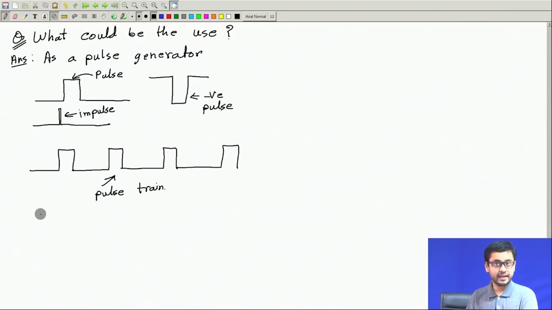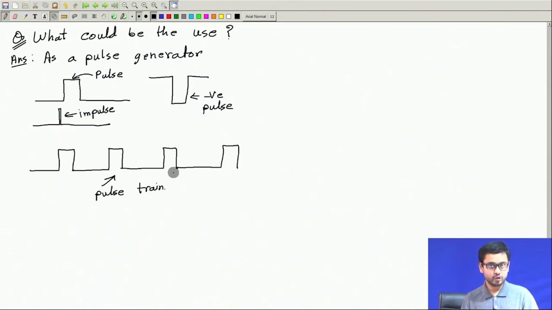Just like we need a function generator which can generate a square wave or triangular wave, we also sometimes need a pulse generator, a pulse train, for some experiments. This is also like a rectangular wave with duty cycle not equal to 50%.